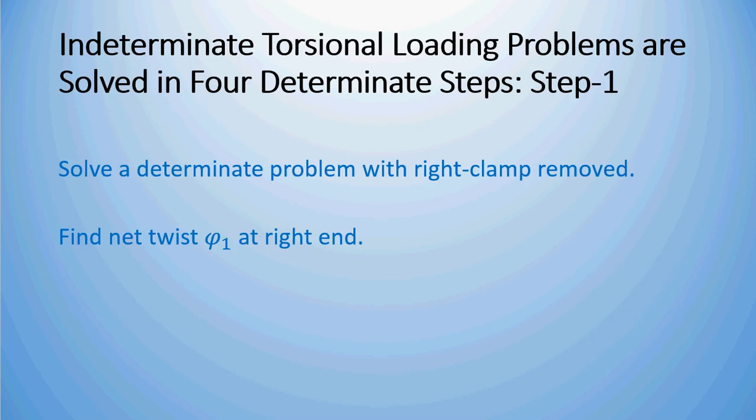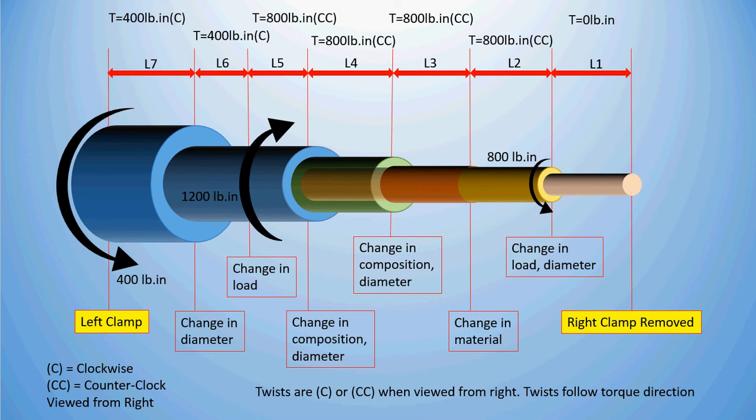So first step is to remove the right clamp on the shaft, which turns it into a determinate problem. You then solve for the net twist at the right end, which would be net twist 1. So here's an example shaft.